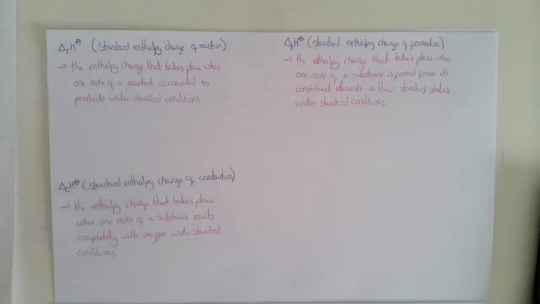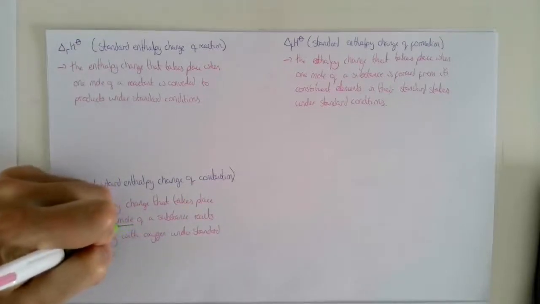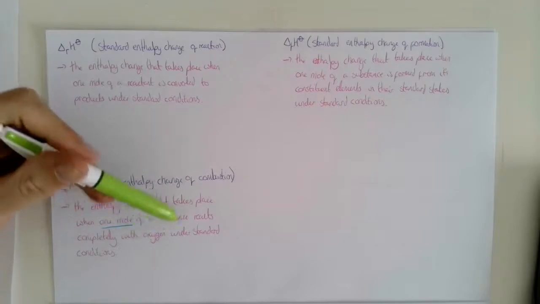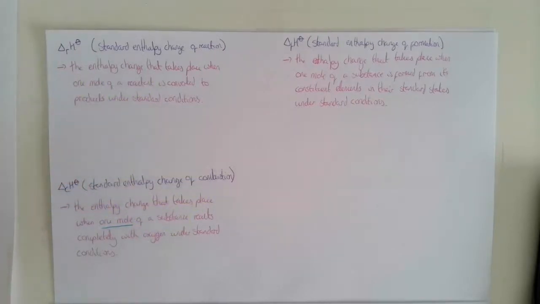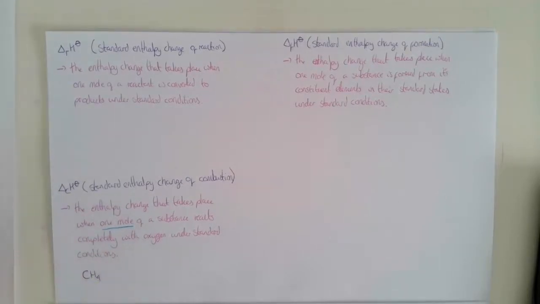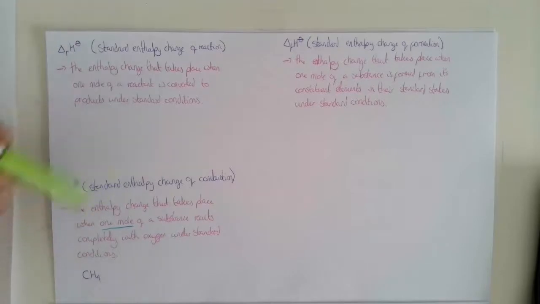It is important. So the enthalpy change that takes place when 1 mole of a substance reacts completely with oxygen under standard conditions. So let's imagine I've got methane, CH4, and the question says, write an equation to express the chemical change that takes place during the standard enthalpy change of combustion of methane.